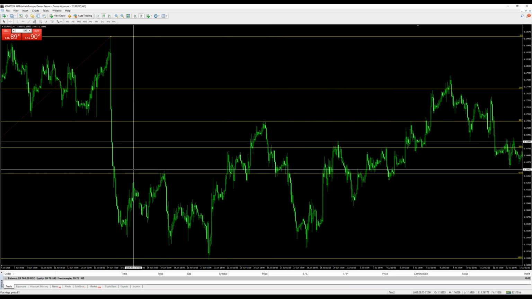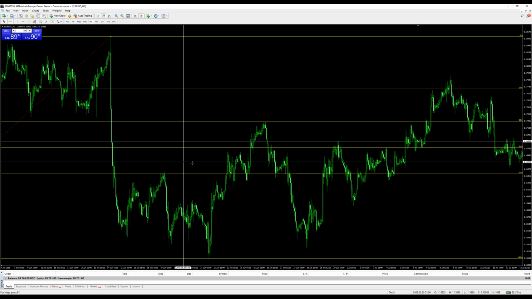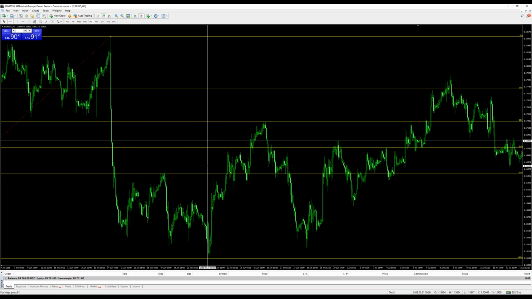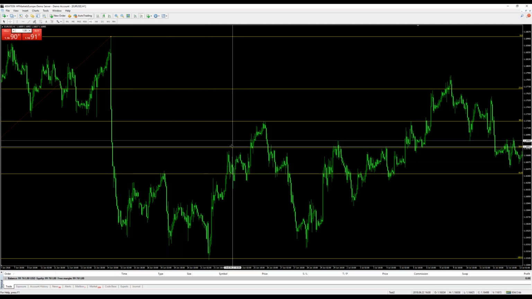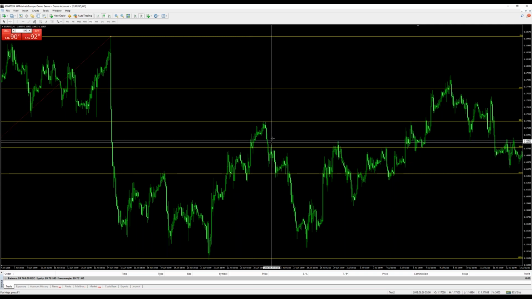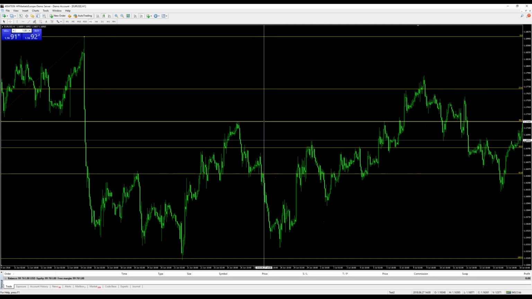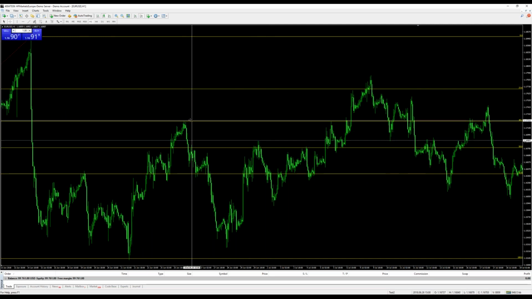So you see how strong these levels are in terms of support and resistance, and the price does abide the rules of support and resistance really, really well. Okay, so the third retracement level, price is exactly bouncing off as soon as it reaches here.